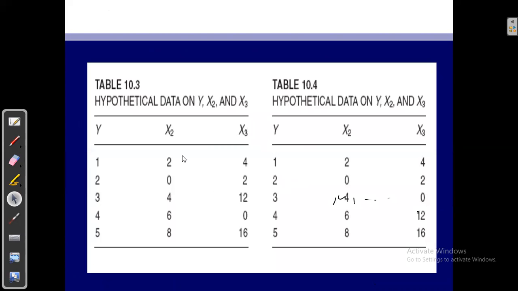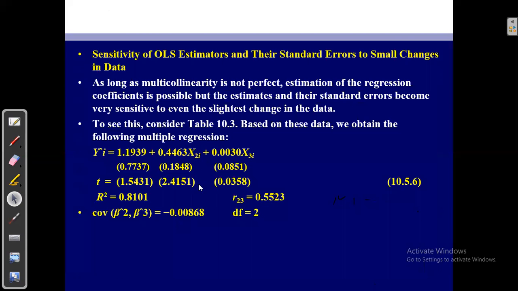What they have done is they have taken a hypothetical data set, in which y is the dependent variable and x2, x3 are independent variables, and they have fitted a model and got this particular result, in which these are the OLS estimates. 0.4463 is the OLS estimate associated with x2, and 0.0030 is the OLS estimate associated with x3.